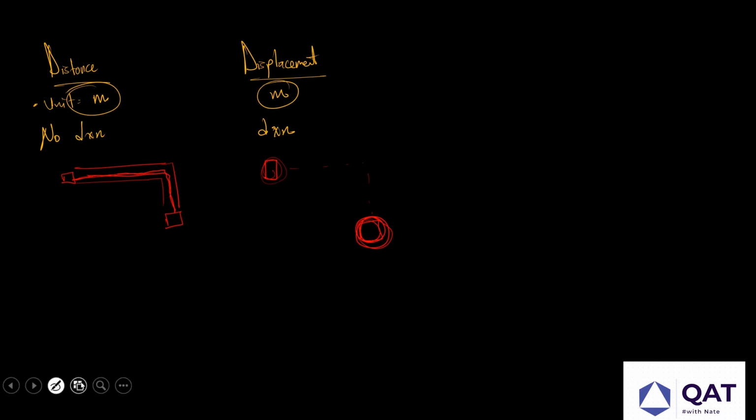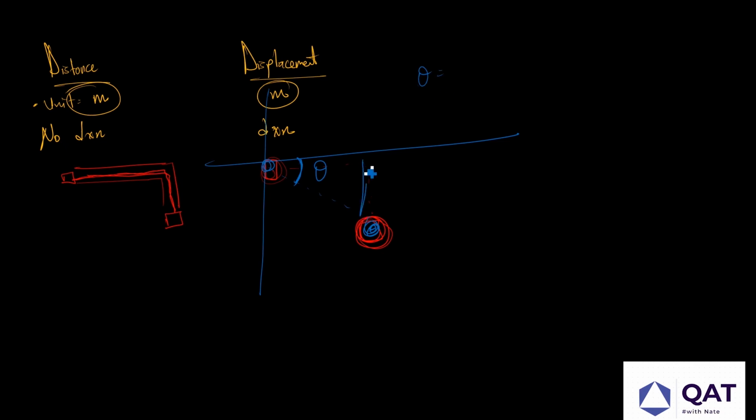If I bring the graph, from starting to stopping would be here. So I need to know this theta, this angle, and I will use this angle as an address. I know this distance, right? It is 40 kilometers, and I know this distance, it is 30 kilometers.